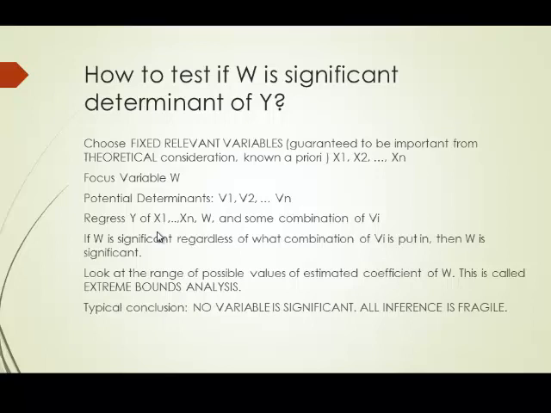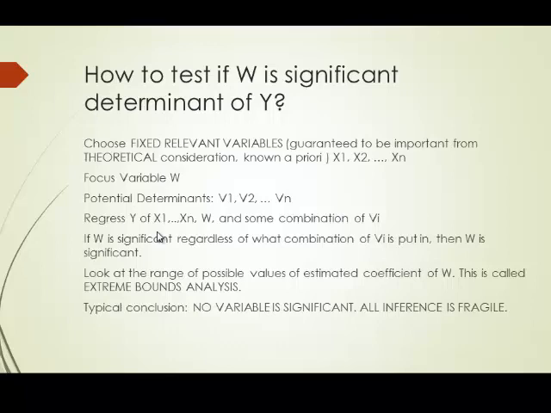So Leamer said that inference is very fragile, it's very dependent on the whims of the investigator, and basically there is a pessimistic and negative conclusion that the data does not allow us to tell whether or not the variable W is significant. That is the conclusion that Leamer reached.